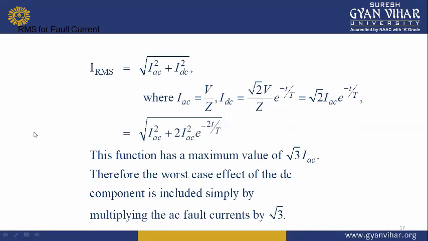Rather than computing the value of DC offset at the time of interruption, the symmetrical short circuit current alone is calculated and increased by an empirical multiplying factor to account for the DC offset current.